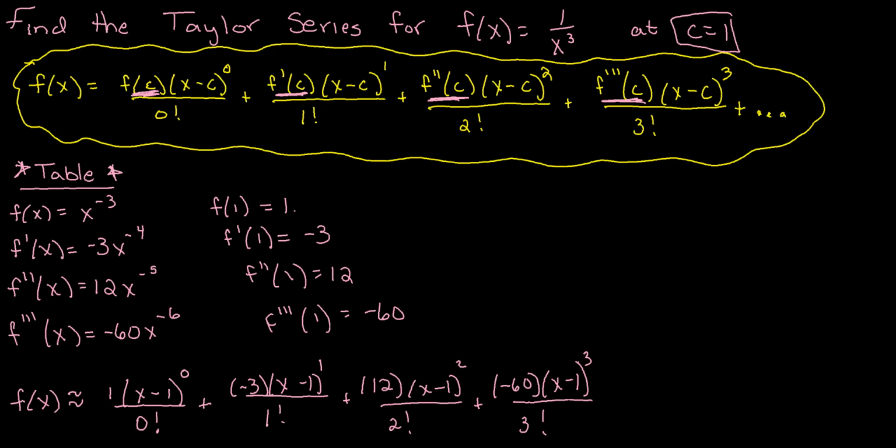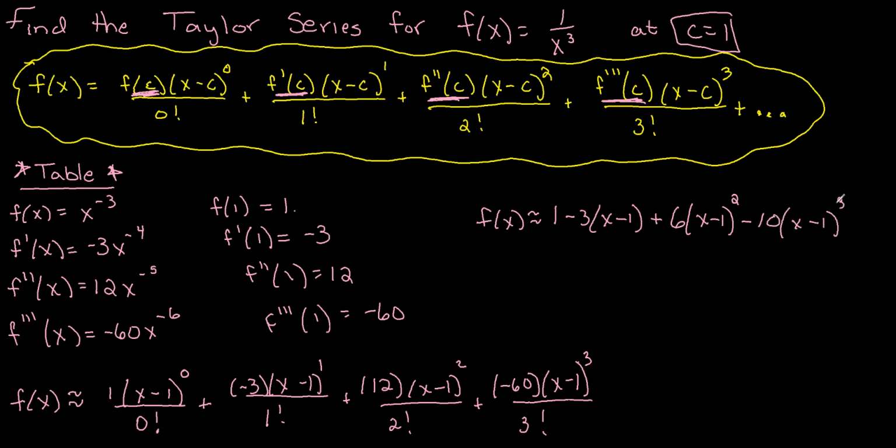So I'm going to come up here. f of x is approximately, the first term is just 1. Next, I've got a negative 3 times x minus 1 plus, now 12 over 2 factorial just gives me 6. And then I've got negative 60 over 3 factorial, so that's negative 60 over 6. That's going to give me a negative 10 times x minus 1 cubed.